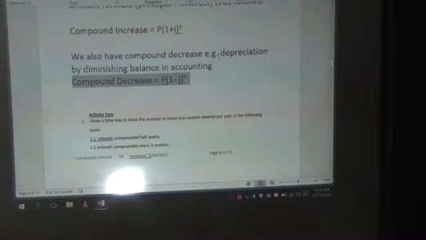So you can see the formula for compound decrease is P into 1 minus i to the n.